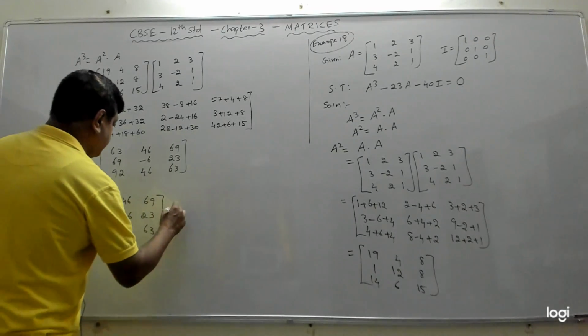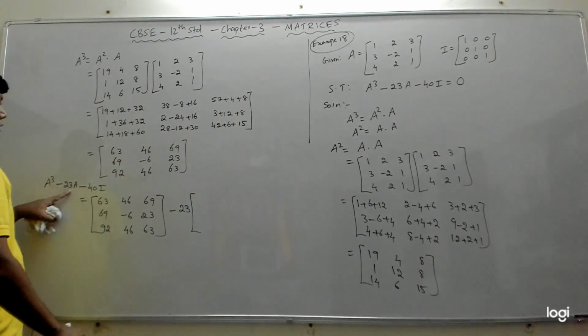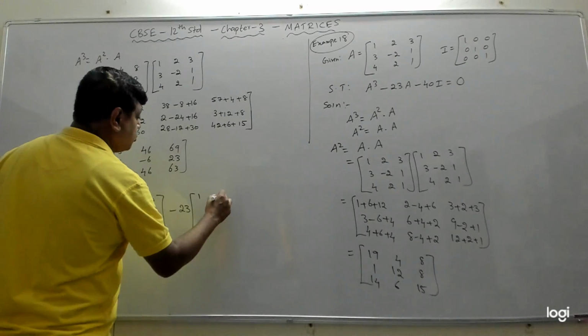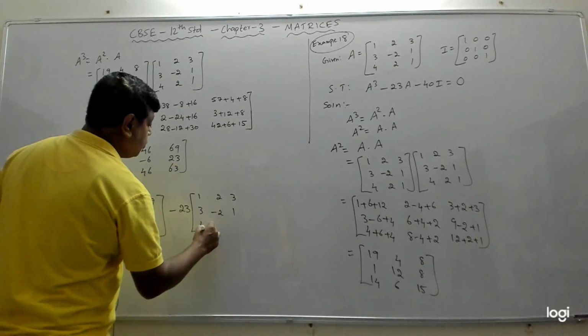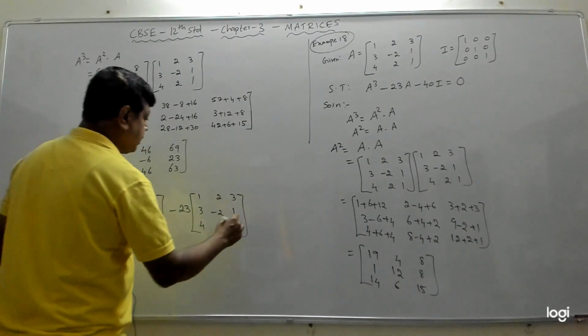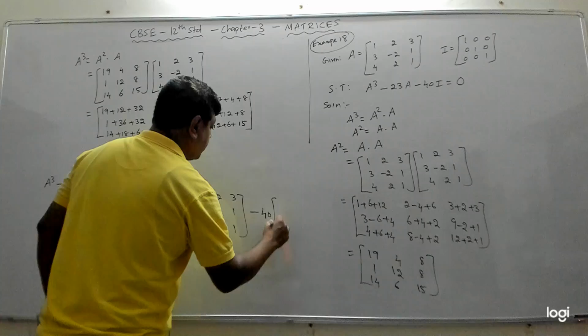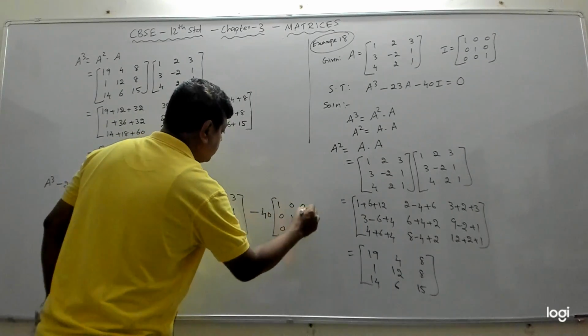This with minus 23 times A. A matrix is 1, 2, 3, 3, minus 2, 1, 4, 2, 1. Minus 40 into I. I is 1, 0, 0, 0, 1, 0, 0, 0, 1.